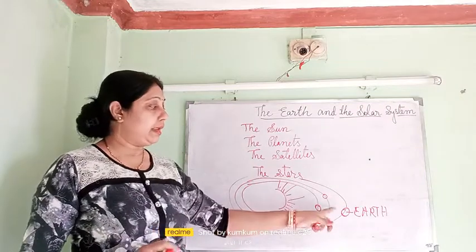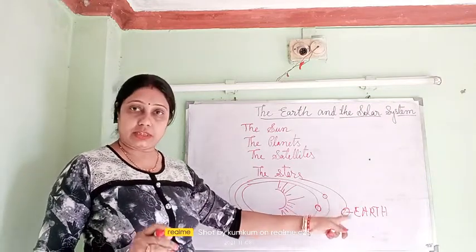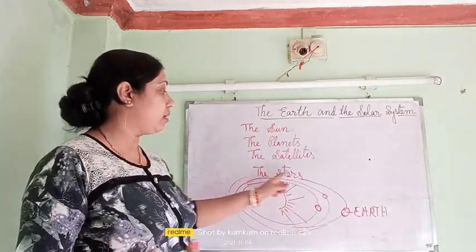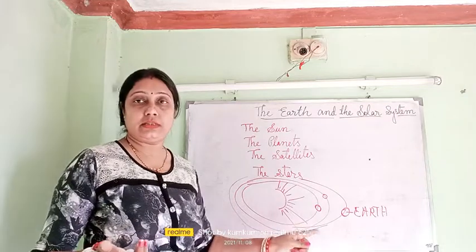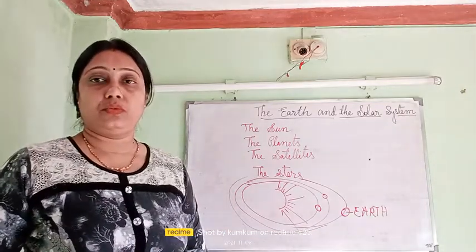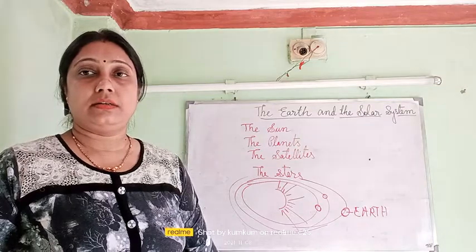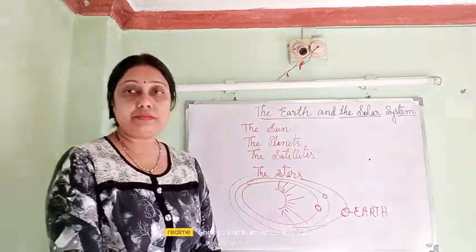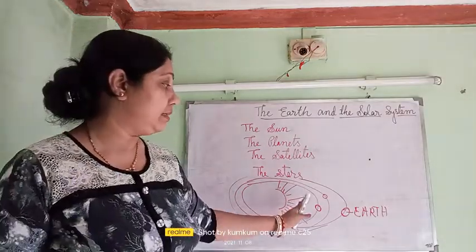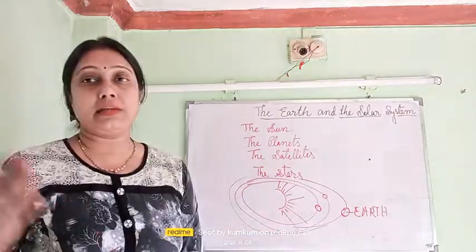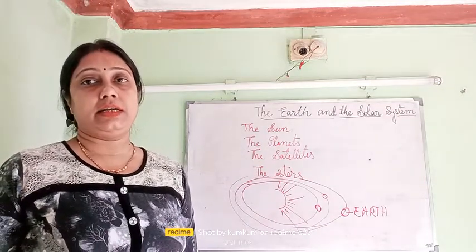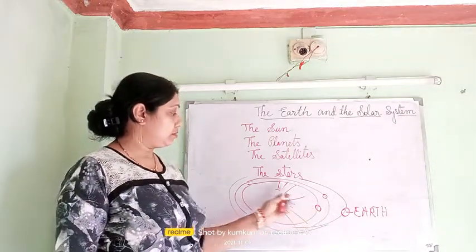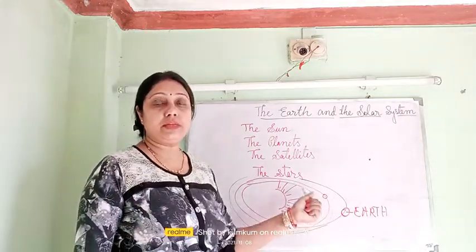So the planet is rotating and causing day and night, and it is revolving around the sun, causing changes in seasons. This phenomenon is very important, because when our Earth faces the sun, that portion is day, and the portion which does not face the sun has night. So it is about the system of the movement of the planets.